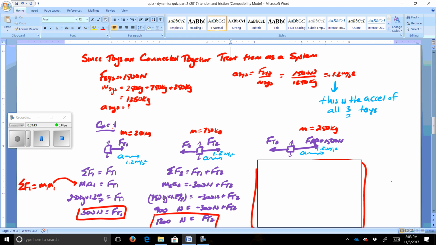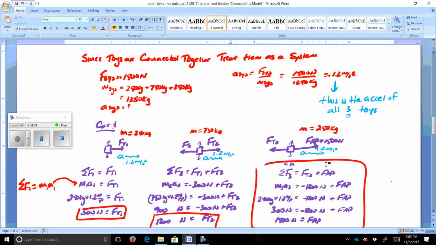So we multiply it through, and we end up with a value of 900 newtons equal to negative 300 newtons plus Ft2. So now Ft2 is going to equal 1200 newtons. When I bring the negative over, it becomes a positive. So the tension force here is 1200. And it makes sense it's larger because this force is pulling 2 objects. It's pulling the first vehicle plus the second vehicle.